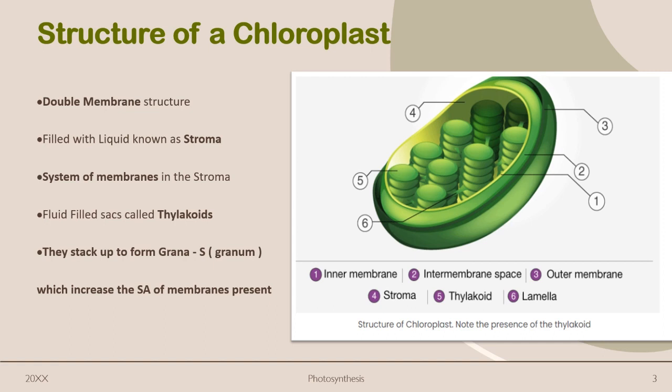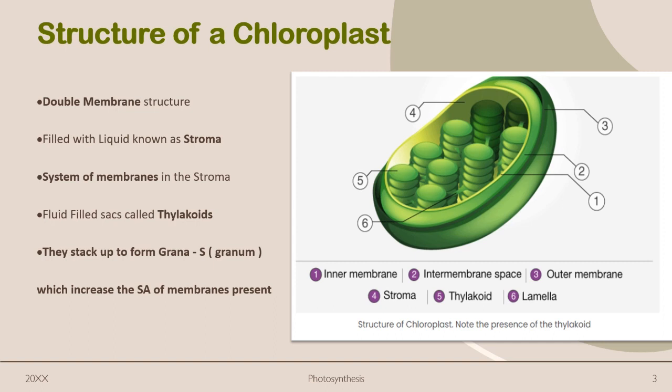Stroma is the liquid which is present inside the hollow structure of a chloroplast. You guys can say that, for example, in cells there's cytoplasm. So in the chloroplast there is stroma, and just like the cytoplasm, there's a lot of water and a lot of other organic molecules inside the stroma.